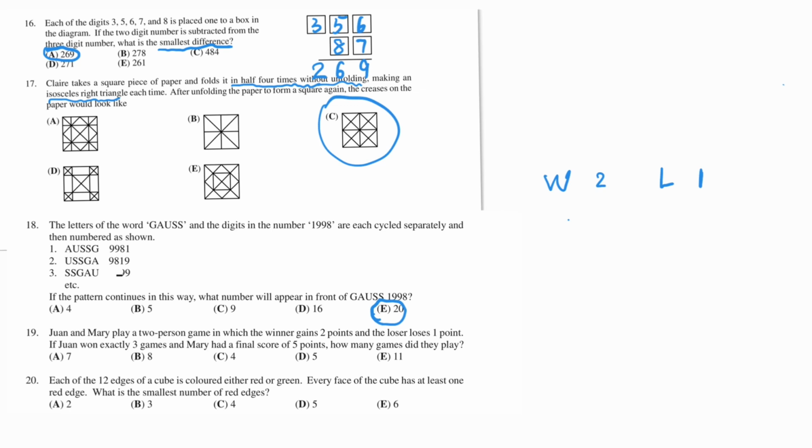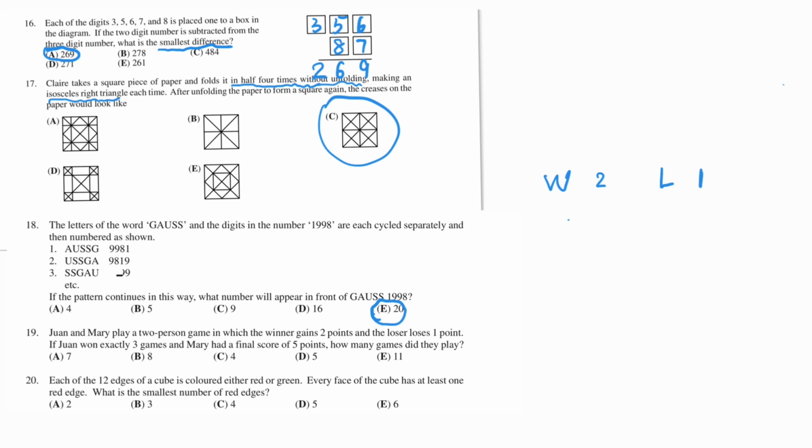So that's minus 3, since the loser loses 1 point. Mary had a final score of 5 points. Her points are the wins minus the losses. A win is 2 points, so if she wins X games, that is plus 2X, giving a final score of 5 points.